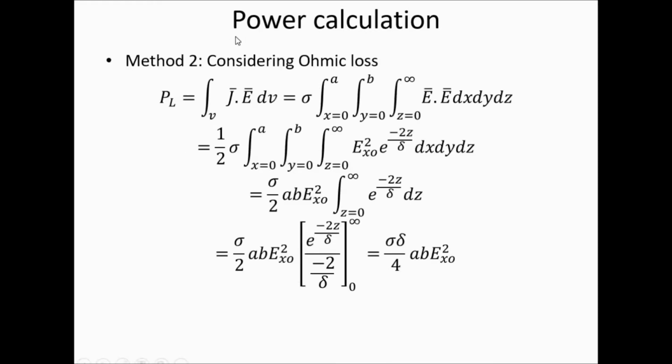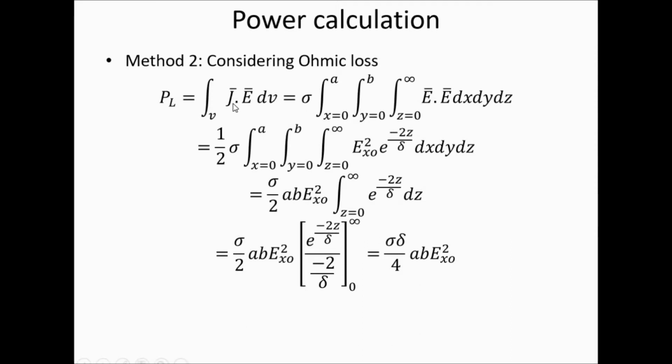The second formula is power calculation using Ohm's law. You know I squared R is the power loss. Here we are using the point form of Ohm's law, the volume integration of J dot E dV, to find how much power will be lost by the system.